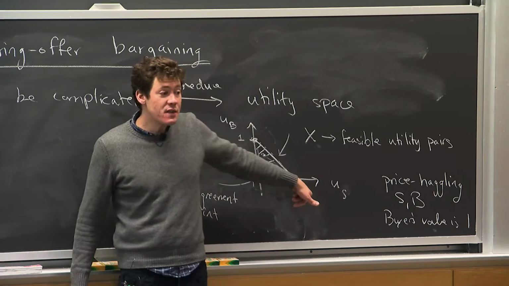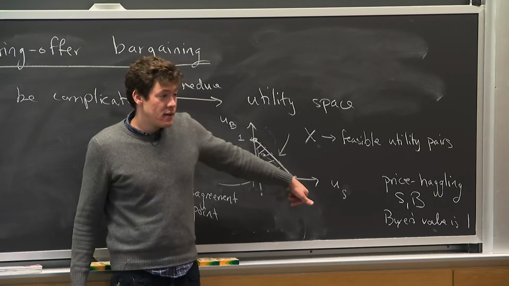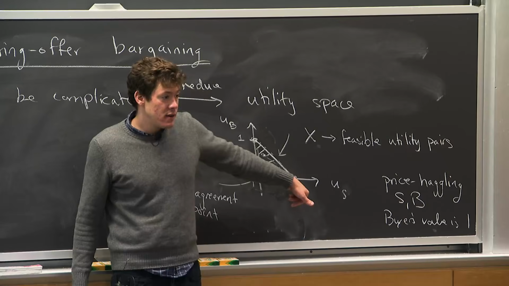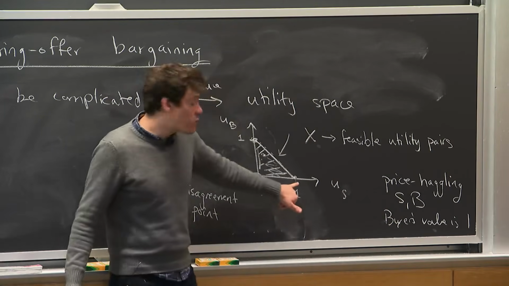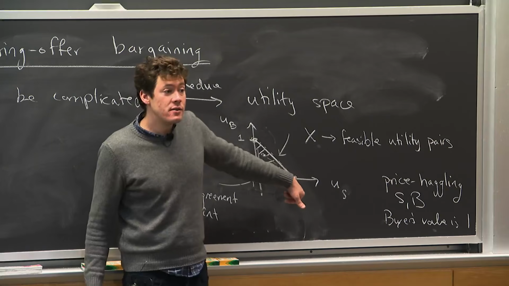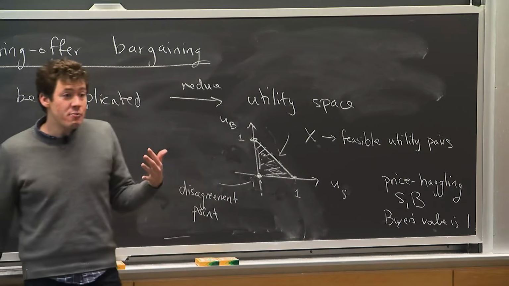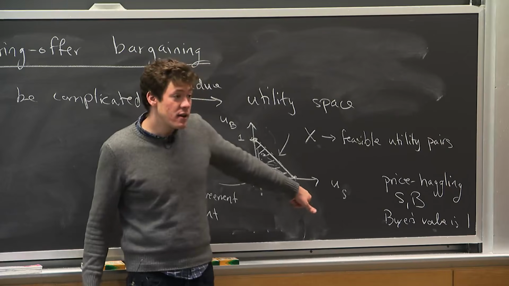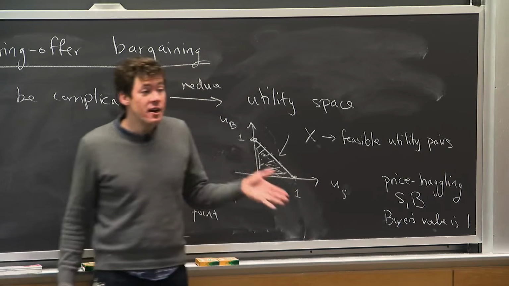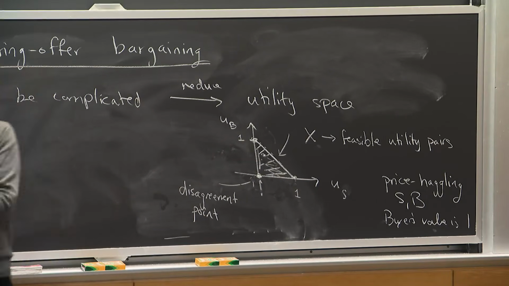This is the best thing for the seller. Yeah? The buyer paid the max they're willing to pay. And how much are they willing to pay? 1. So this would be the case where the buyer buys at a price of 1. So the seller's revenue is 1, so the seller's utility is 1. The buyer's utility is 0 because they value the good at 1, but they paid 1 for it.